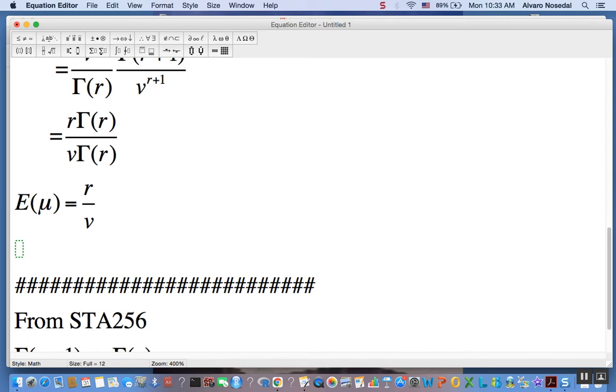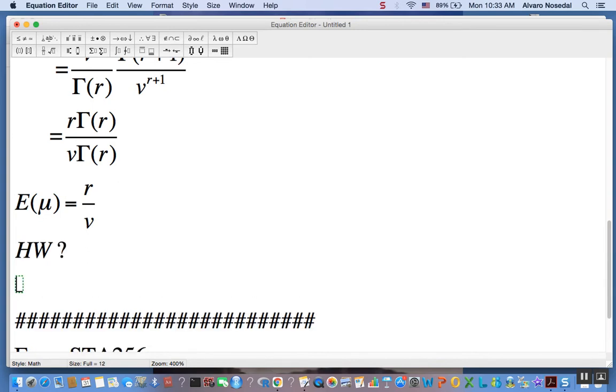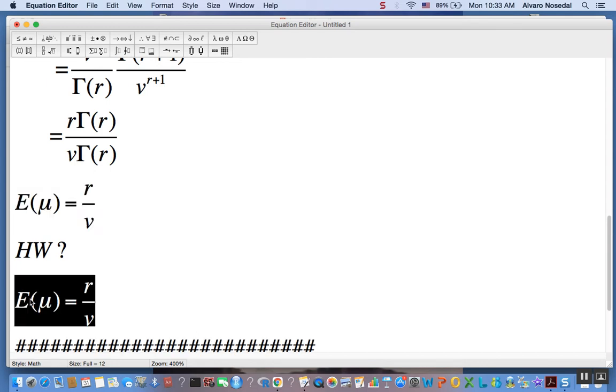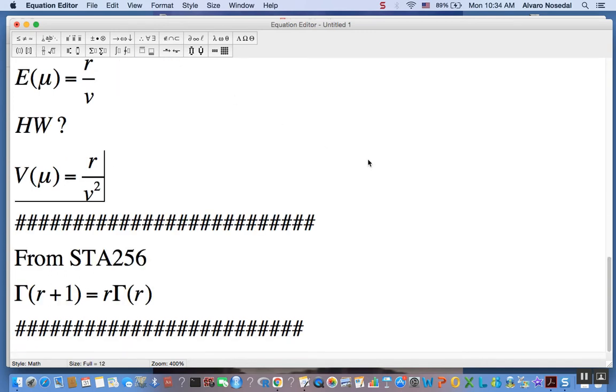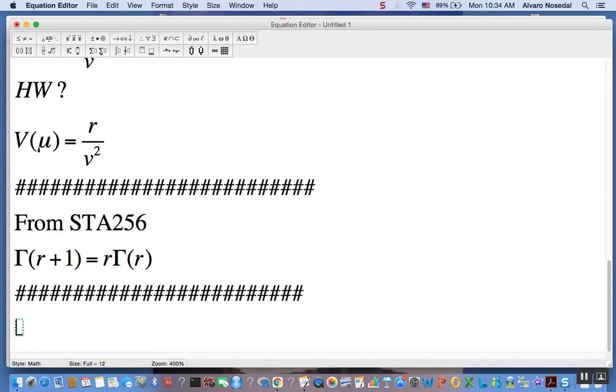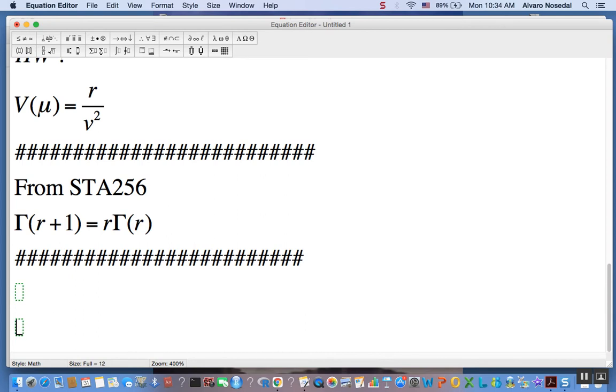Now later, as homework, you can check that if mu has a gamma distribution, the variance will be r divided by v squared. The proof is going to be similar.